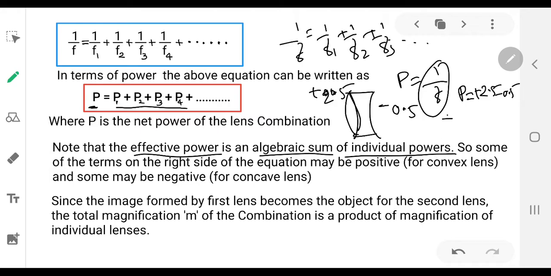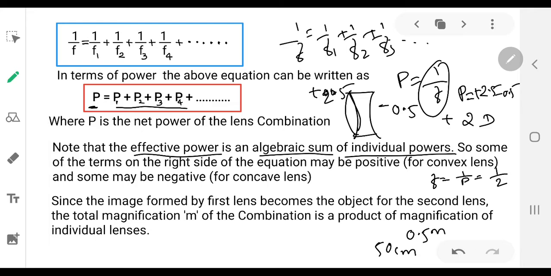It will be plus 2 dioptre, or f is equal to 1 upon P, 1 upon 2, which means 0.5 meter or 50 centimeter.